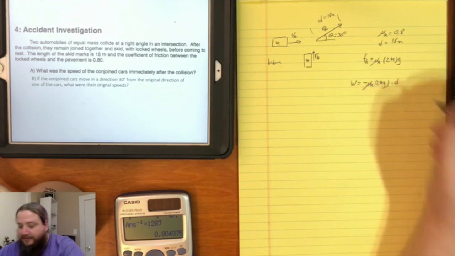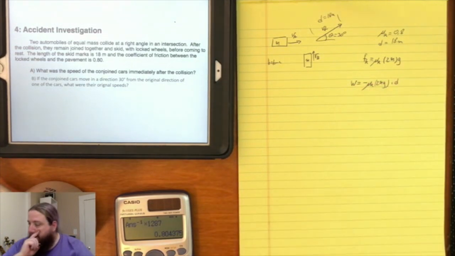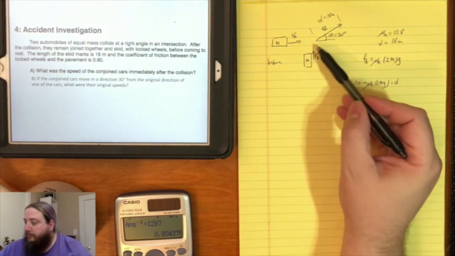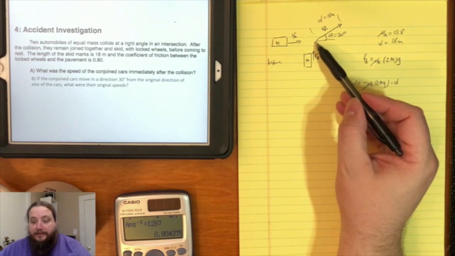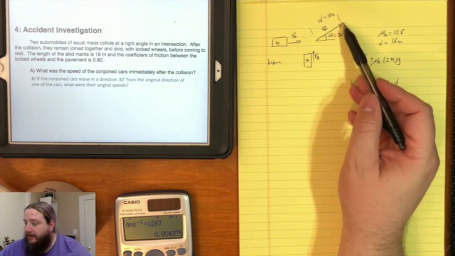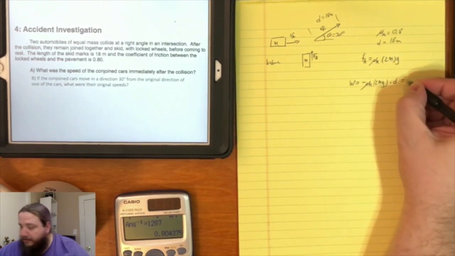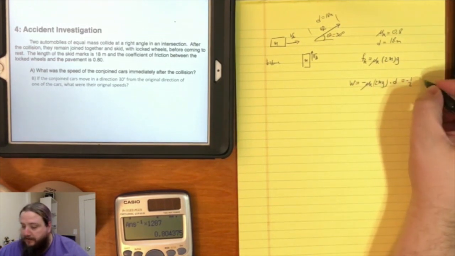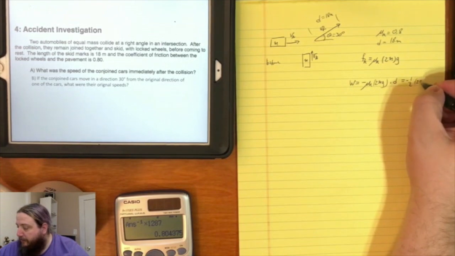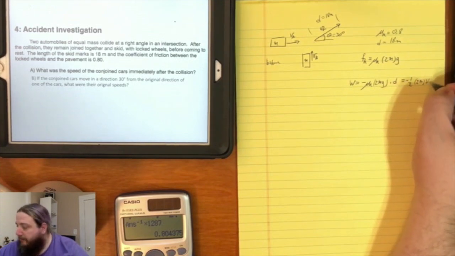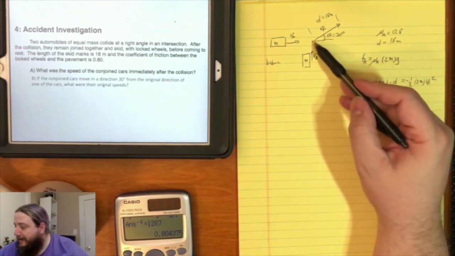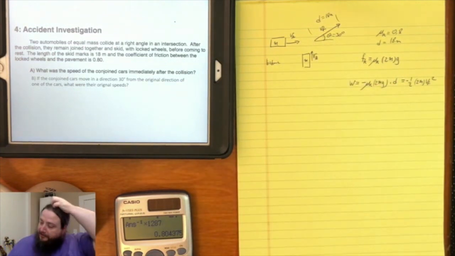times the distance, d. And we're going to start that motion with a certain amount of kinetic energy, and we're going to end it with 0 energy. And so the change in energy is going to be minus 1/2 times, again, 2m times v final squared, the kinetic energy just after the collision.